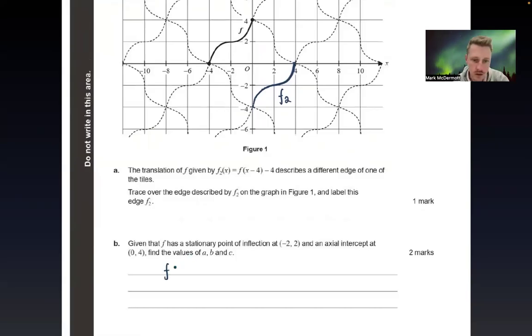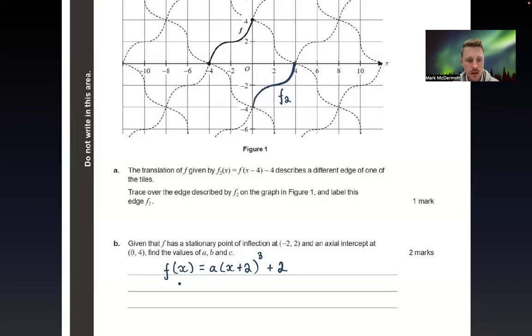So we could say f of x equals a times x minus 2, because it's been moved to the left 2, cubed plus 2. So the stationary point of inflection is kind of like cubic stationary point of inflection form, right?